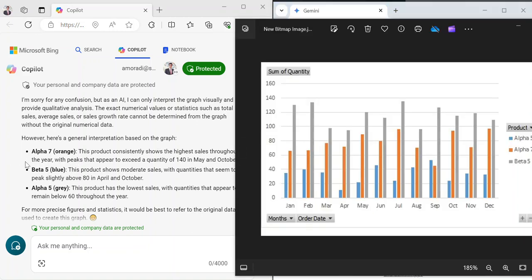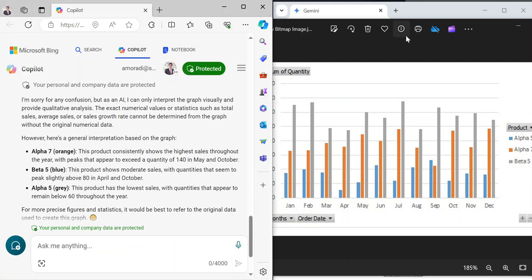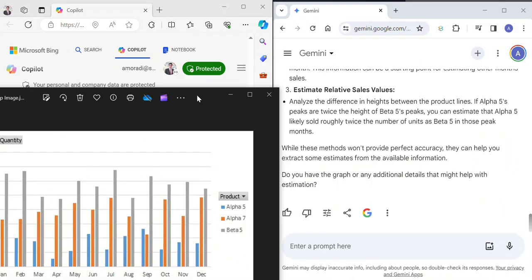Okay, as you can see, Copilot provided some numbers, saying Alpha 7, the orange one, appears at a quantity of 140 in May and October. In May, of course, it is not 140, it's only 80 something, and in October, again, it is much less, and no orange column is touching 140. And yeah, that's very disappointing.